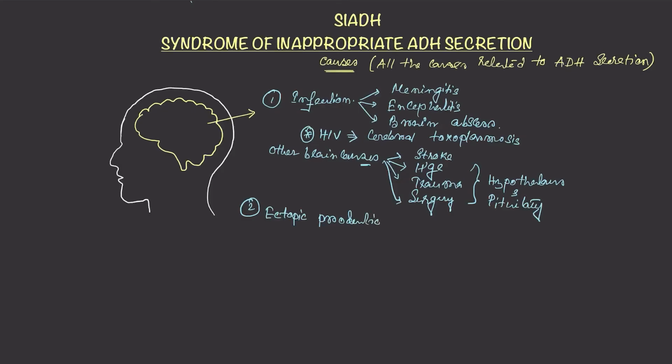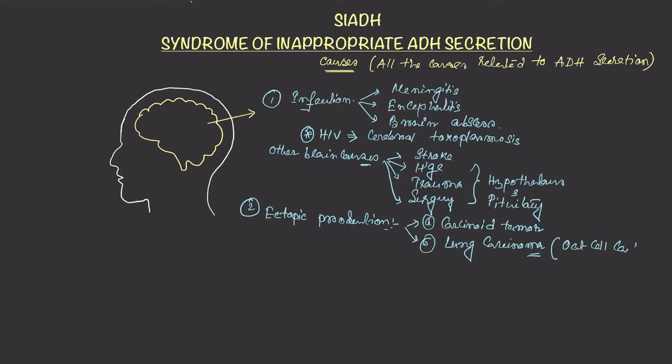Next important cause for SIADH is the ectopic production of vasopressin or ADH. The most common thing that causes increased ectopic production of ADH is the carcinoid tumor. Lung carcinoma also can cause it.